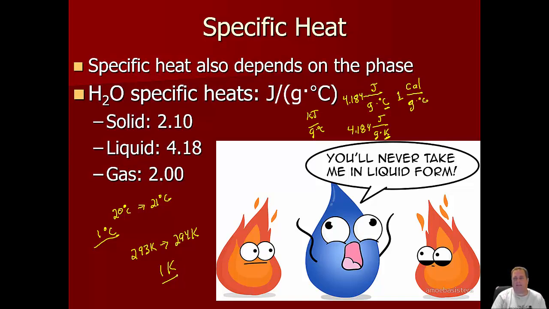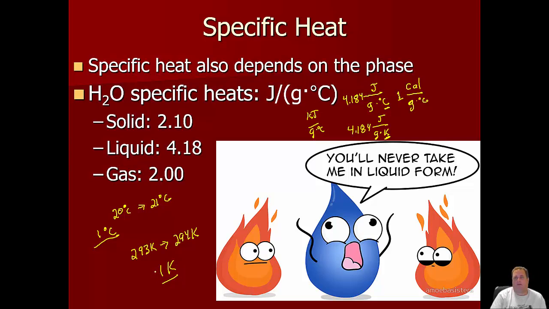So while with gases we always had to convert Celsius to Kelvin, here, since we're looking at a change in temperature in our calculations, we won't usually need to convert from Celsius to Kelvin. It's not wrong to do it. If you're given Celsius temperatures, you convert to Kelvin, you'll still get the right answer as long as you convert correctly.